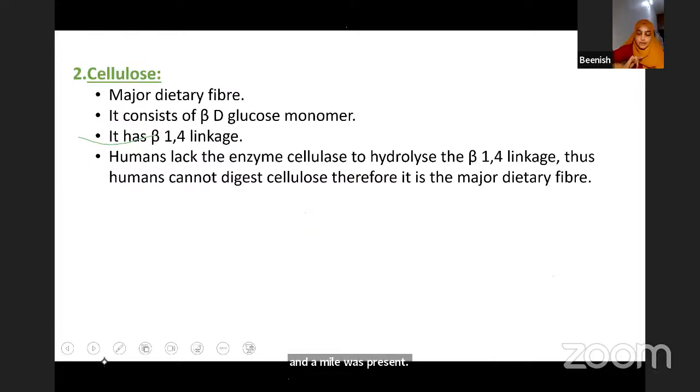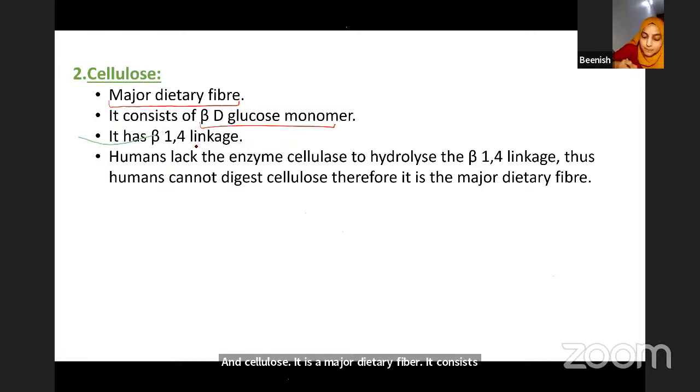And cellulose, it is a major dietary fiber. It consists of beta D glucose monomers. It has beta-1,4 linkage. So humans lack the enzyme cellulase to hydrolyze the beta-1,4 linkage. Thus, humans cannot digest cellulose and therefore it is a major dietary fiber.